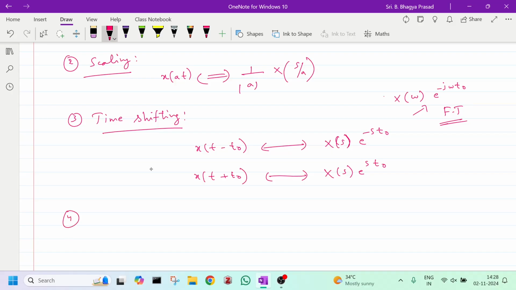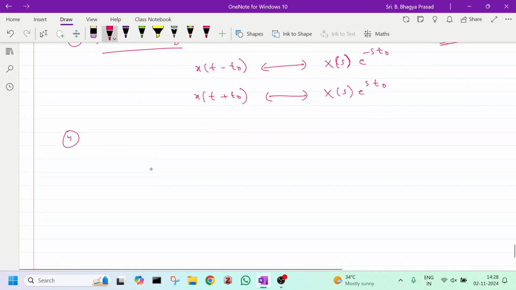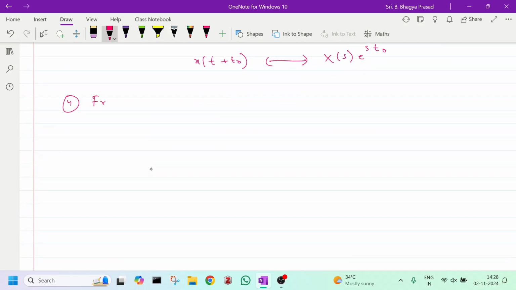Coming to the frequency shift. When you observe the frequency shift, that is s minus some shift like s minus a, observing some shift in frequency domain, here your x of t is multiplied with e power minus at.